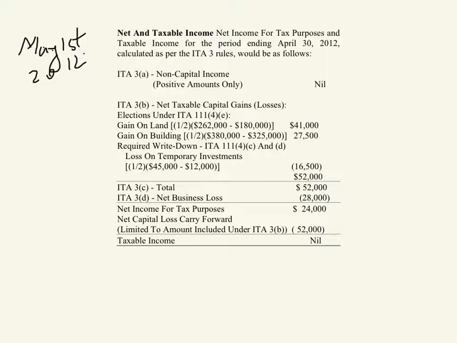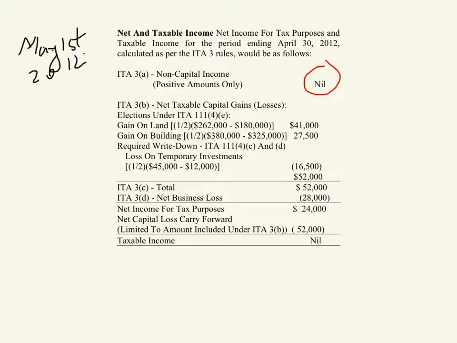The first one is non-capital income, only positive amounts. It's income that could come from non-capital sources like business, property, or any other non-capital sources. In this case, it's going to be nil, because if we look at the question, this company starts with a business loss, so it has no income.